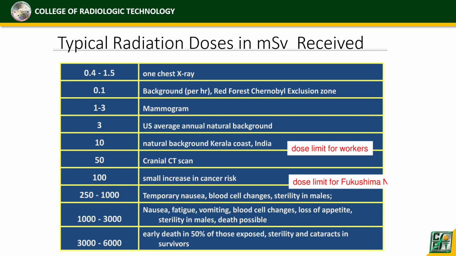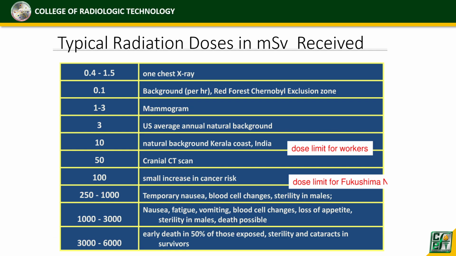Okay, so let us continue. So these are the typical radiation doses in millisievert received in particular procedures. So one chest x-ray is 0.4 to 1.5 millisievert. Background radiation niya sa Red Forest sa Chernobyl is 0.1 per hour.